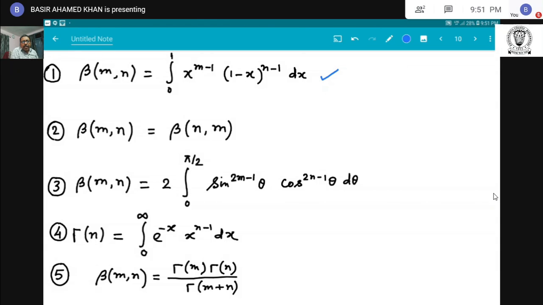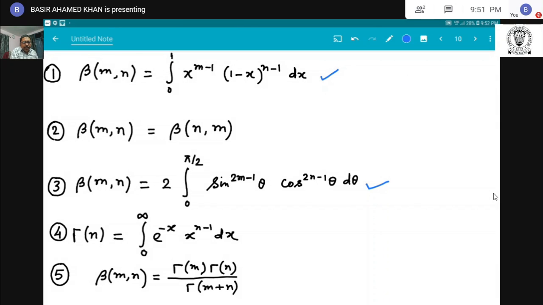That means this value is equal to 2 times integration 0 to pi by 2 sine to the power 2m minus 1 theta into cos to the power 2n minus 1 theta d theta.